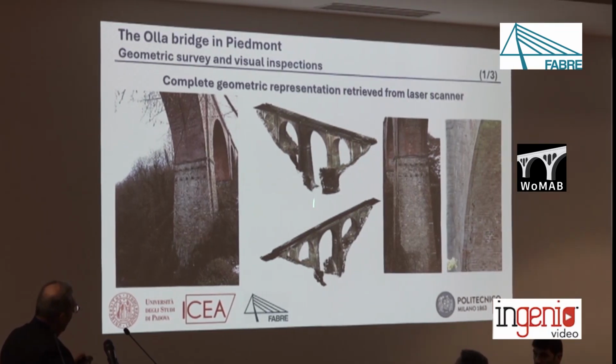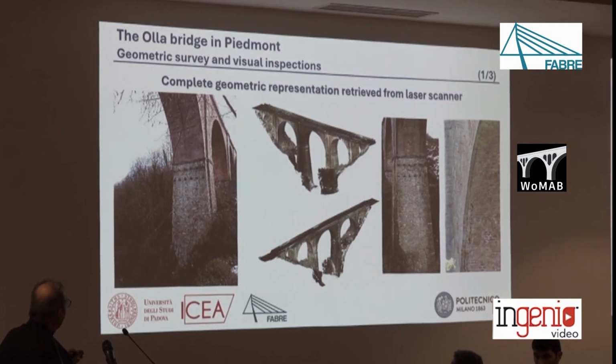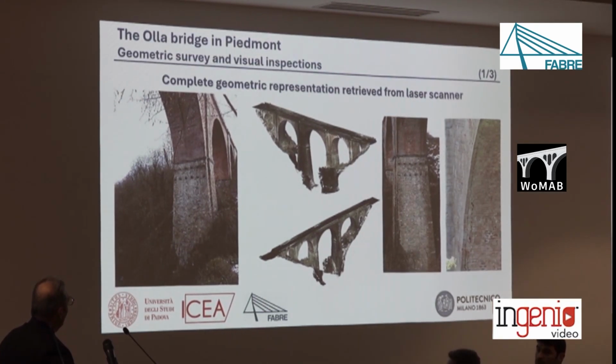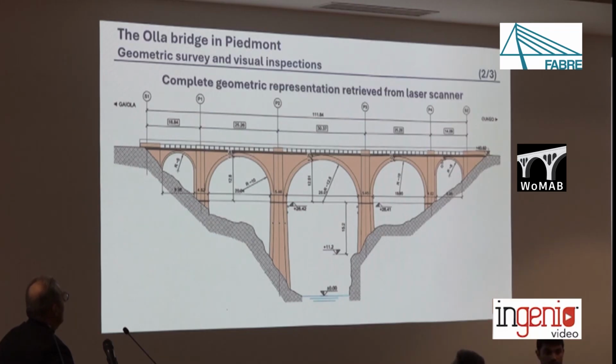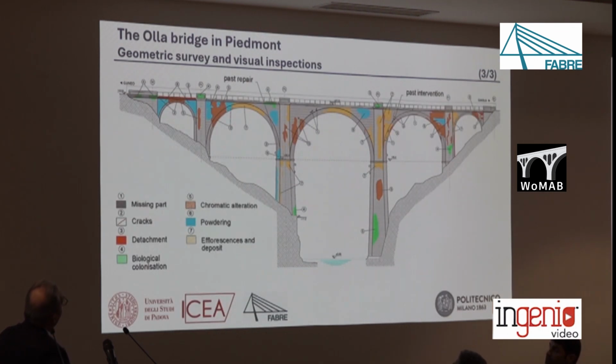Here you can see a typical point cloud of the bridge and some other local pictures. All this information was synthesized, as usual, in elevation and plan of the bridge. Here you can see a complete view of the elevation, and also visual inspections that were carried out with the help of some drones.